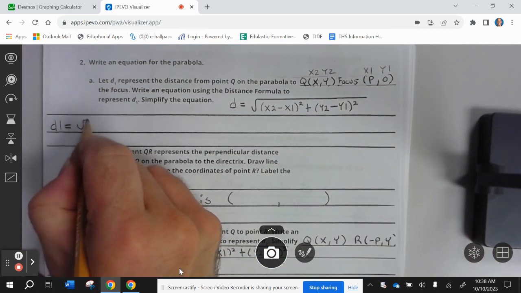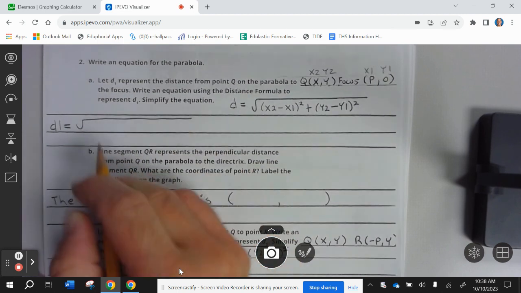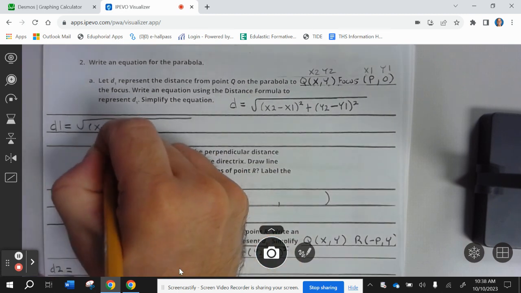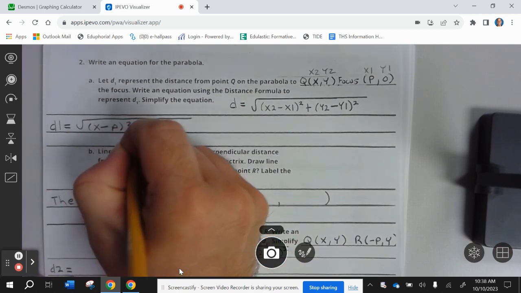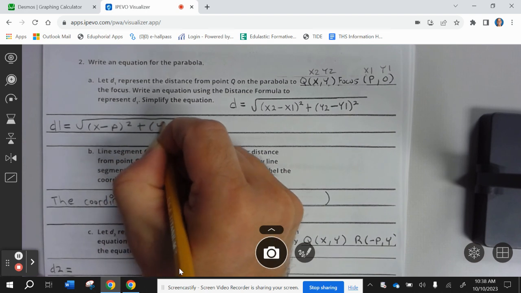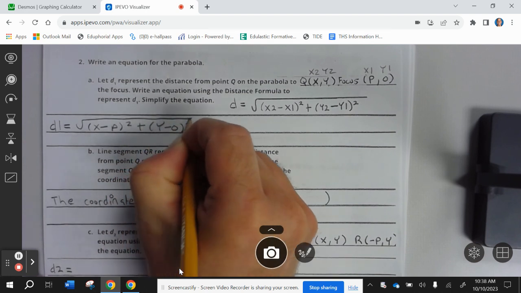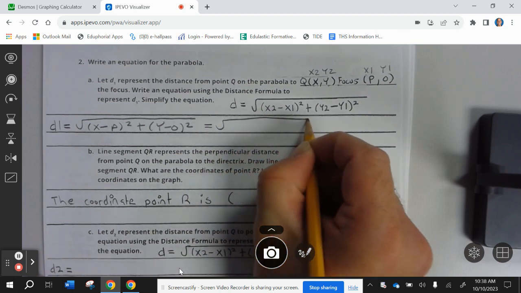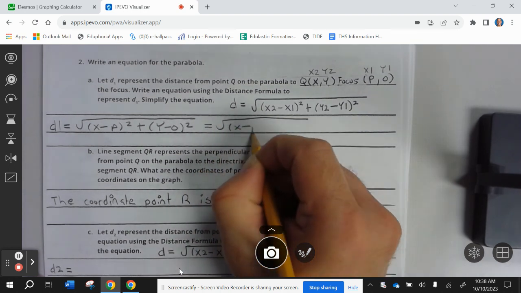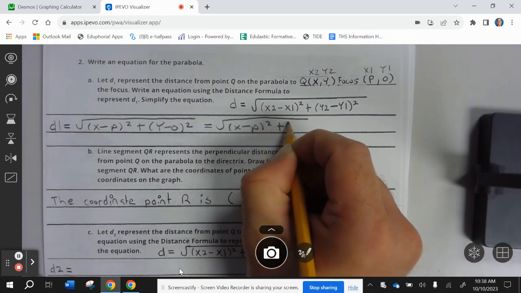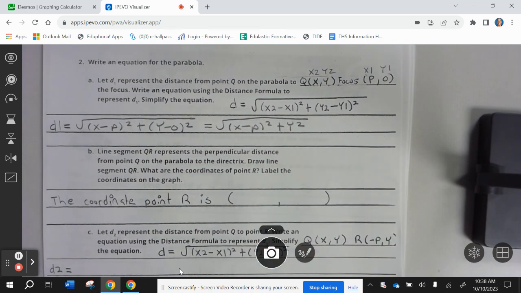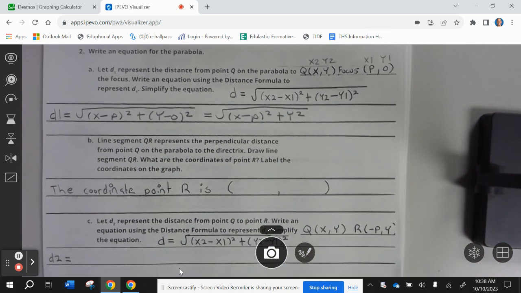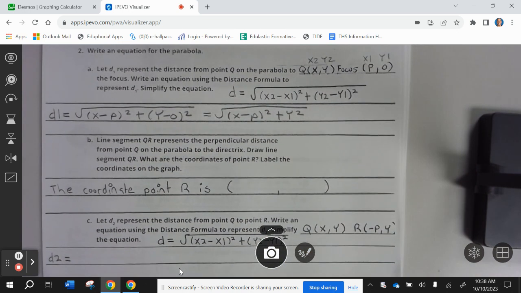So d1 equals the square root of (x minus p) squared plus (y minus 0) squared, which equals the square root of (x minus p) squared plus y squared. Right?